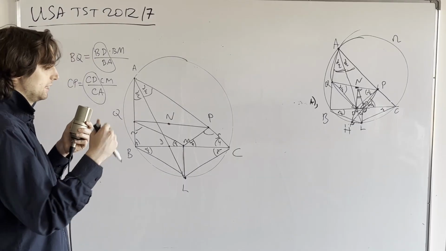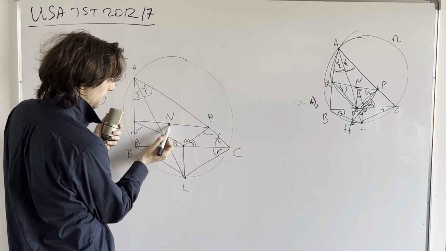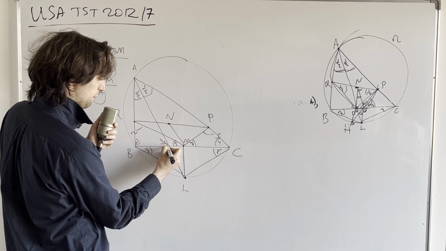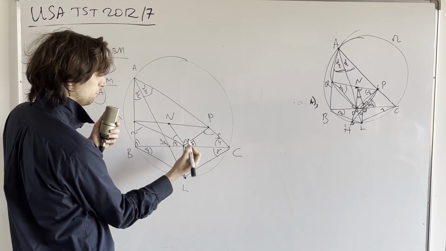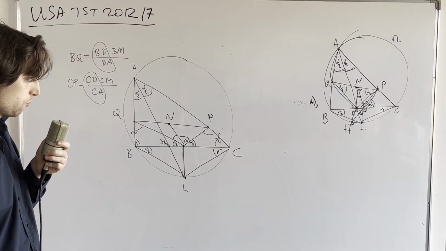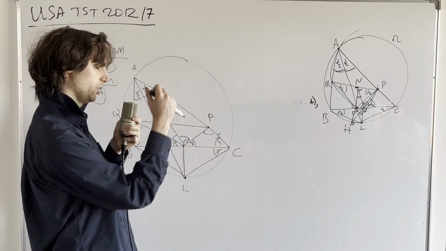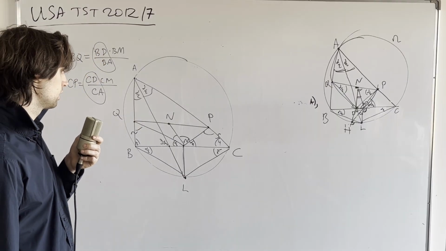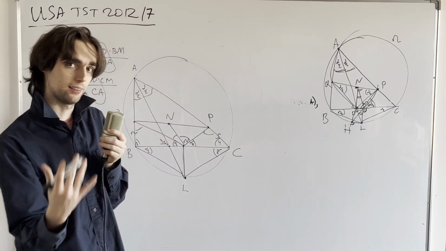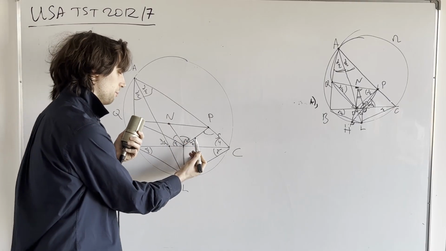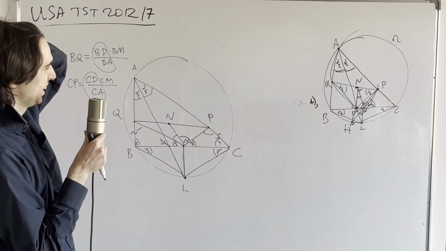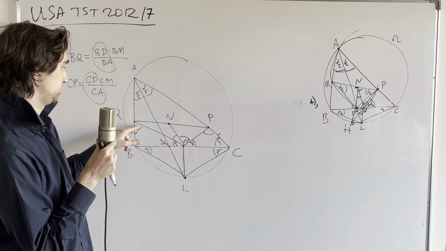Now, one way is to say, okay, wait a second. If MN is parallel to this, this is alpha half plus gamma. So we need this angle to be gamma and this angle to be beta. This is also a midpoint, mind you. One way to think about it is that we know the sum of these angles. Actually, I only see this approach now. But we know the sum of these two angles, right?